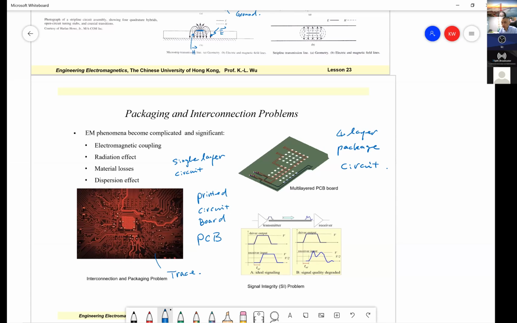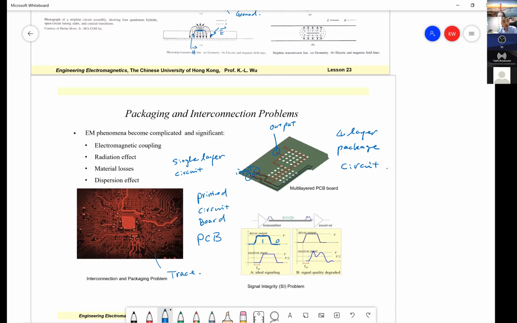Let's look at a very typical problem. So if we have an input at one of the ports, and we have an output. If you send a digital signal, say this is 1, this is 0, right?